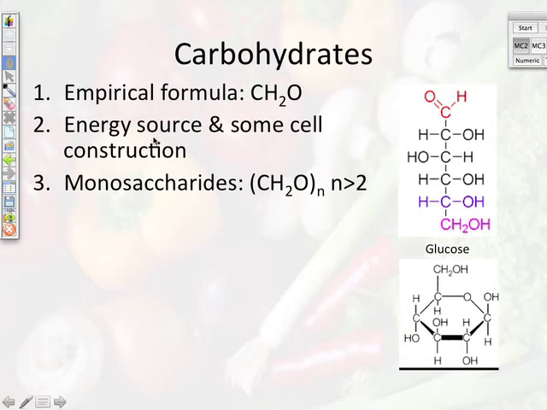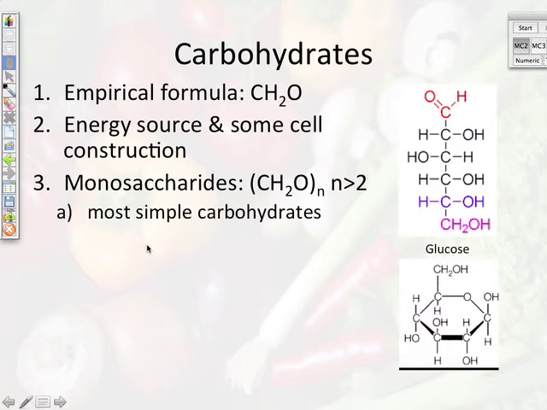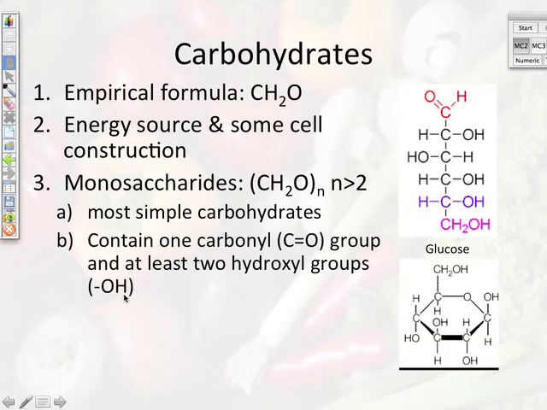So if we have a monosaccharide, they follow that formula CnH2nOn, where n is greater than 2. They are the most simple of the carbohydrates. They contain 1 carbonyl group, C double bond O, and at least 2 hydroxyl groups, OHs.